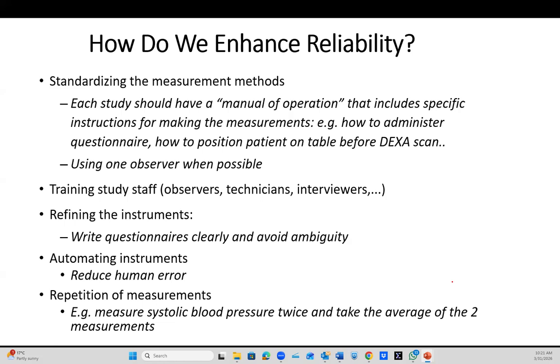So we will have 3 measurements, for example of height, and we make sure that we all have the same measurement or at least very similar values. Okay, yeah, that's correct.